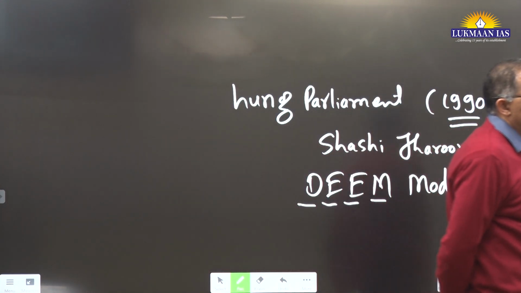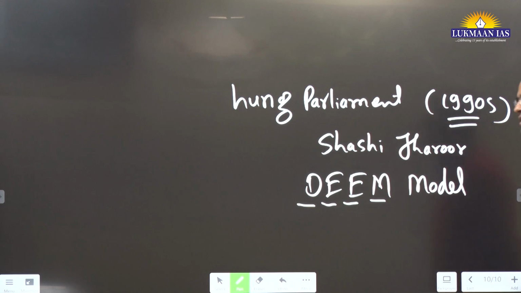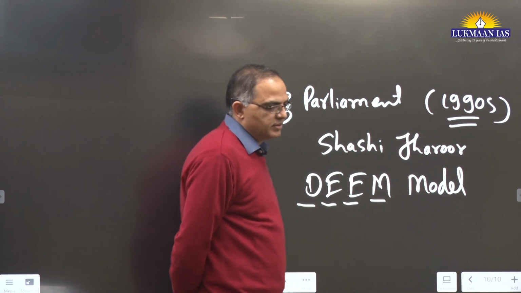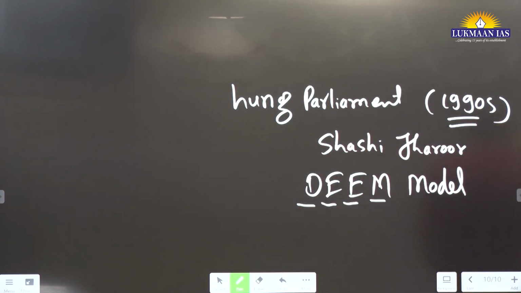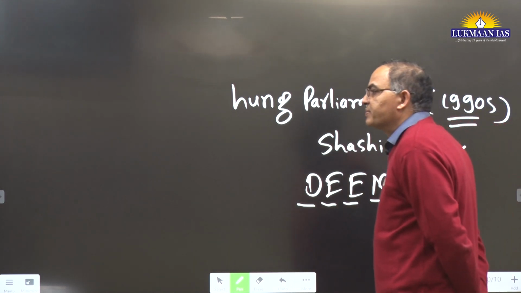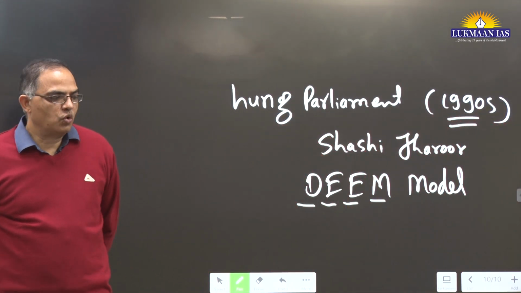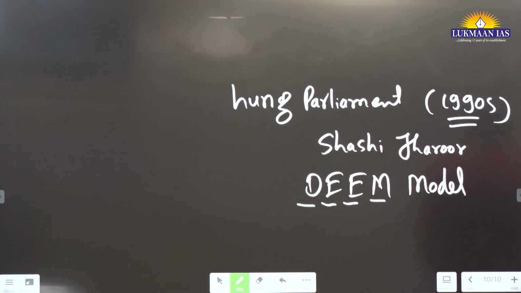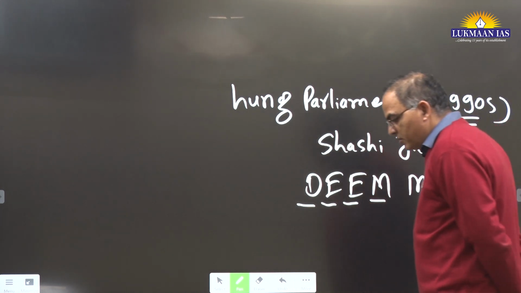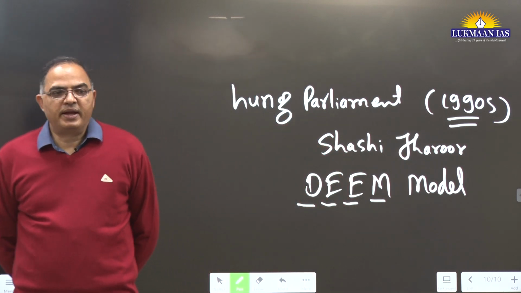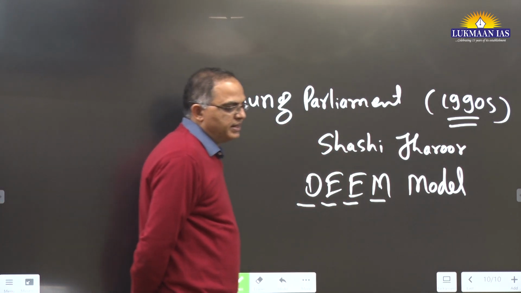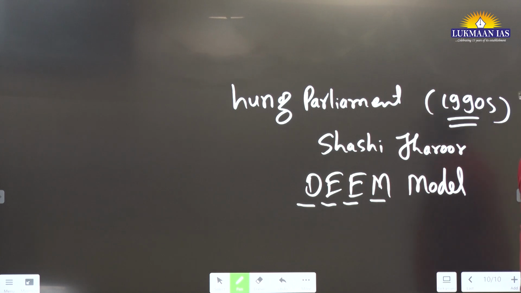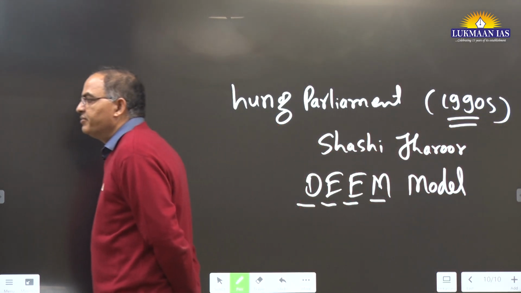Therefore, the idea of responsible government should still work as the core principle for Indian parliamentary democracy, which can be upheld by bringing political reforms and clearly defining responsibility.